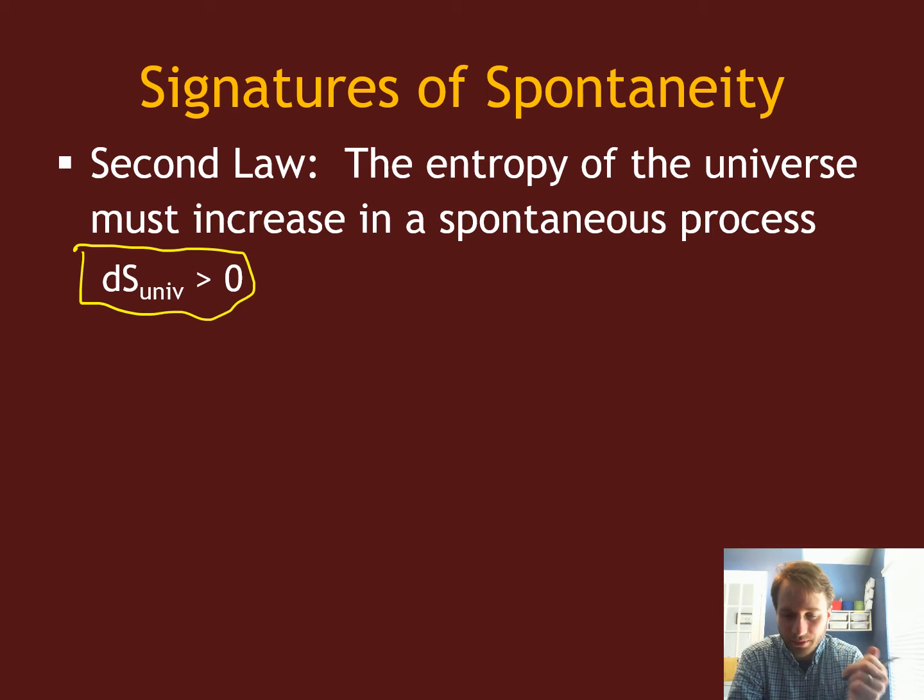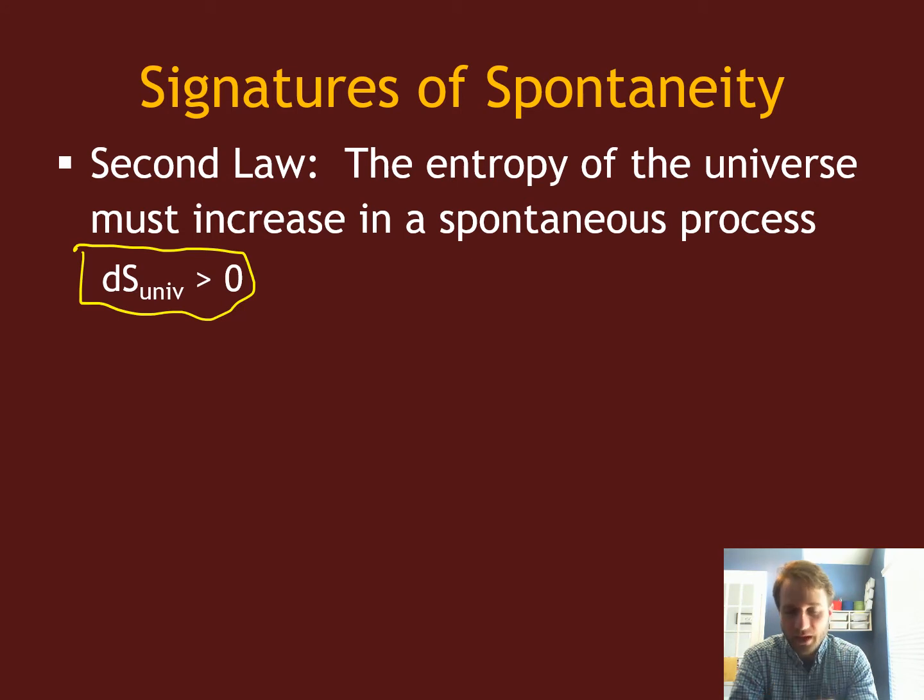And that can be very annoying and very difficult to do because that requires measuring, calculating, or finding out the entropy change in the surroundings, which is not something that we can easily measure, right? And so ideally what we want is something that's defined for the system and the system only that will tell me whether or not a reaction or some process is spontaneous.